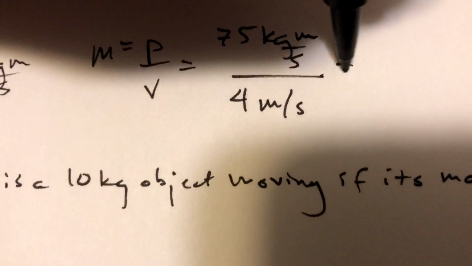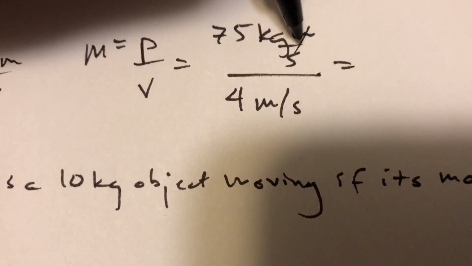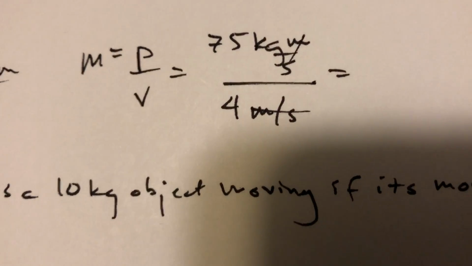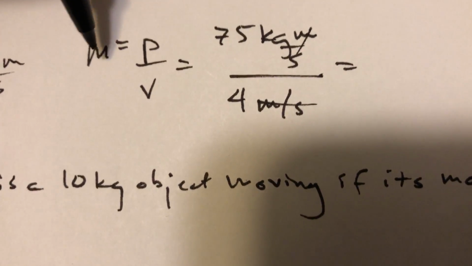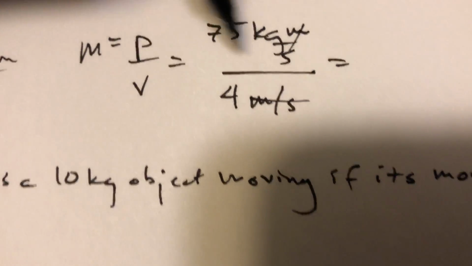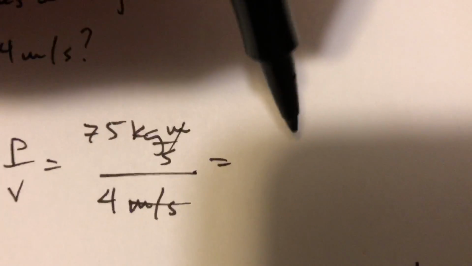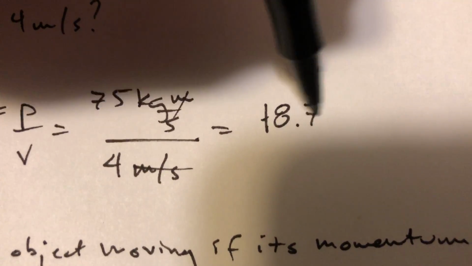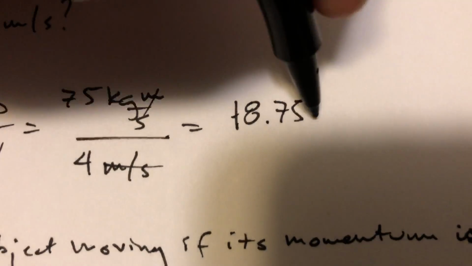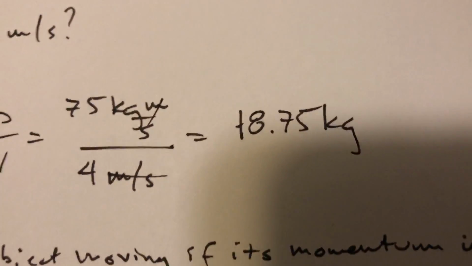Now in this case we can cancel out the meters per second and the meters per second down here, leaving me only with kilograms, which is good because I'm calculating the mass. And 75 divided by 4 is 18.75 kilograms.